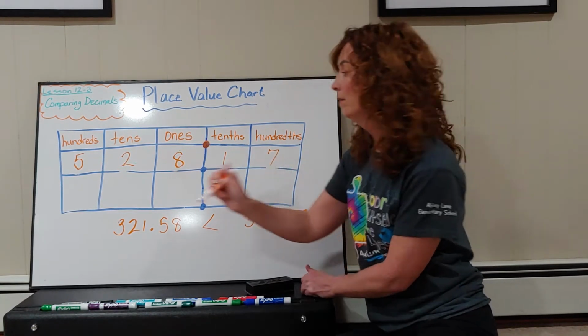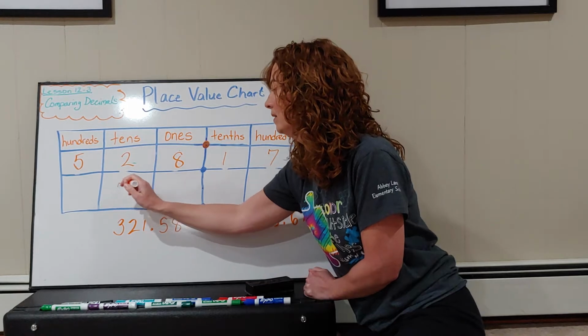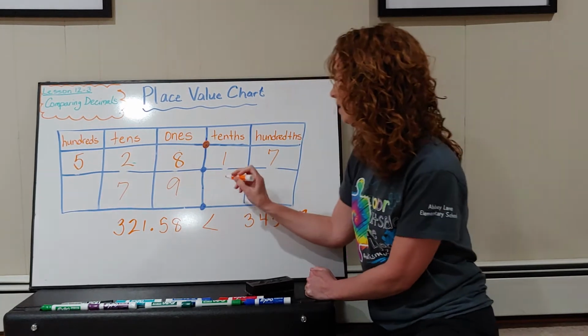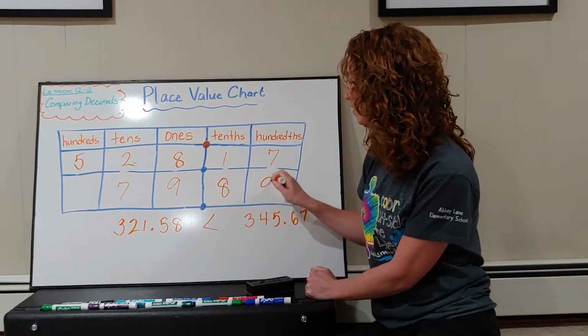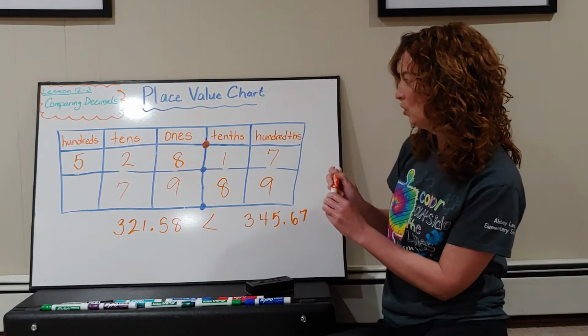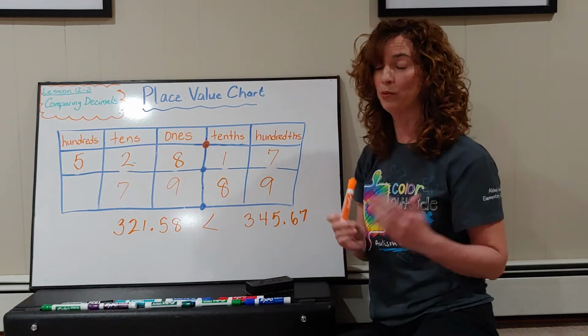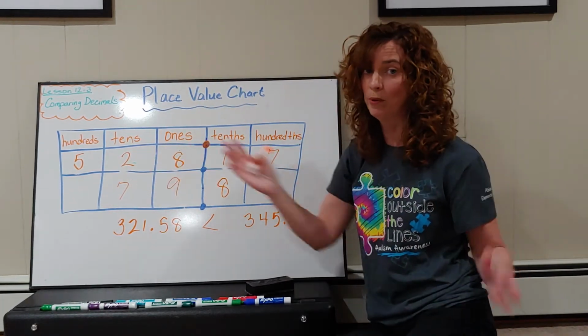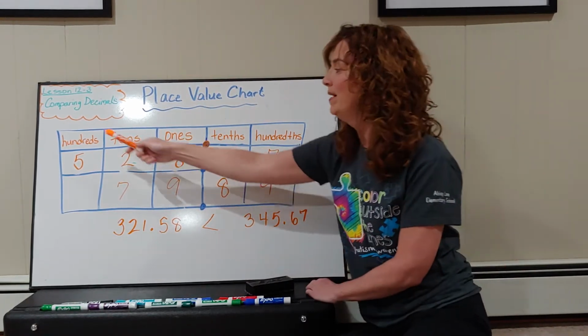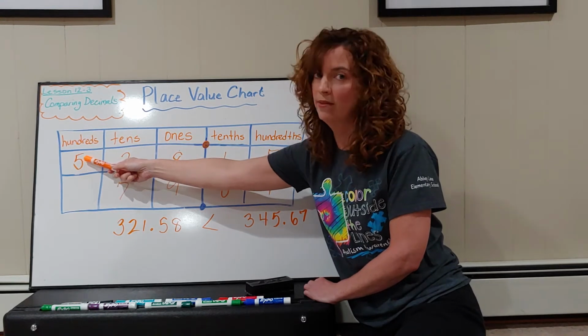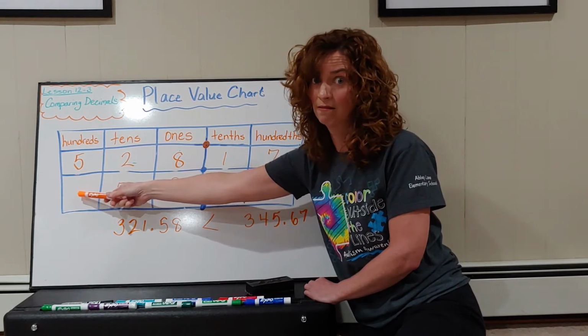My next number is going to be 79 and 89 hundredths. So now let's look here. We're going to go to the hundreds column. That's where we're going to start. We always start with the largest column when we are comparing. But now this number has a number in the hundreds column, and this one has nothing.